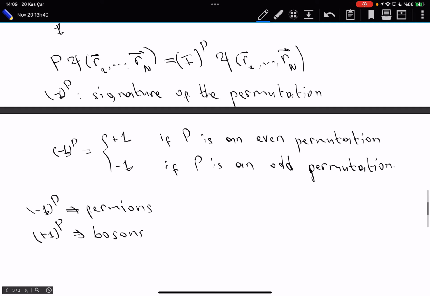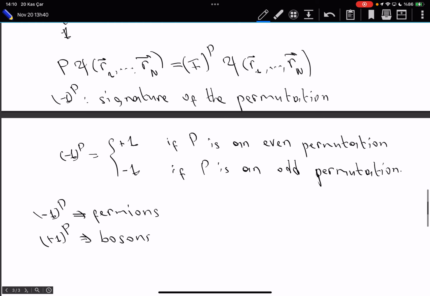This is general for an arbitrary n-particle wave function. For fermions, it has to be antisymmetric under the exchange of any two of the arguments. For bosons, it has to be symmetric. Now, how do you decide whether a given particle is a fermion or a boson?